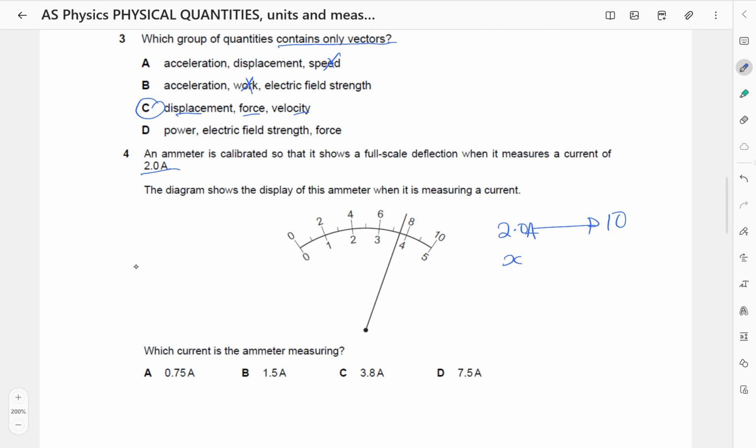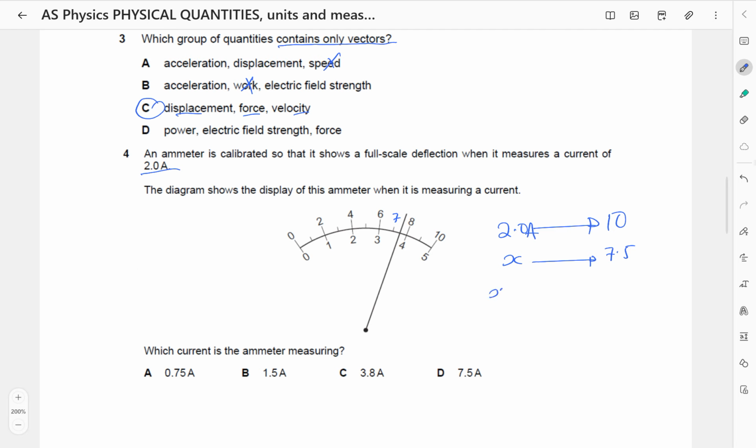The current it is measuring, let me call it X, but the deflection is 7.5. Which current now corresponds to 7.5? I just cross multiply.